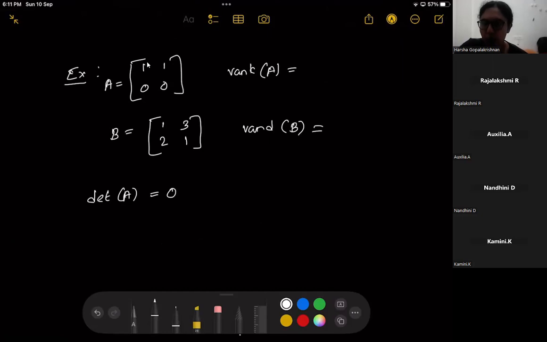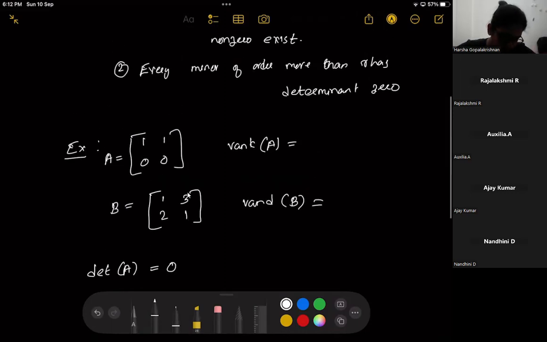The possibilities for the rank of A are 2, 1, or 0. Rank cannot exceed the order of the matrix. Here the order of the matrix is 2 by 2, so rank cannot exceed 2. If the determinant of A itself, which is a square matrix, equals 0, then the rank is not 2. Okay, that is what the definition says.